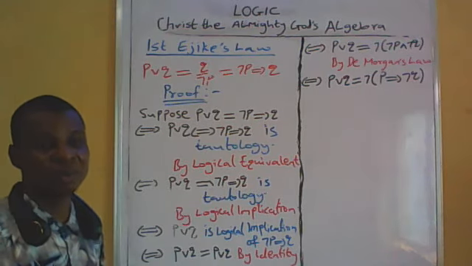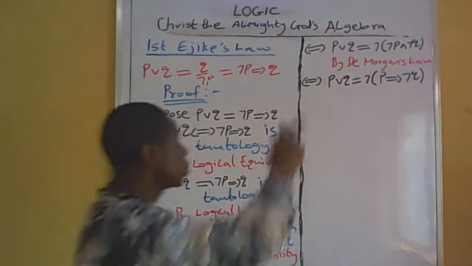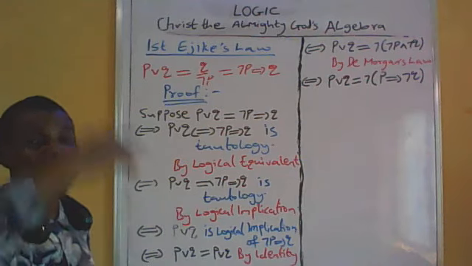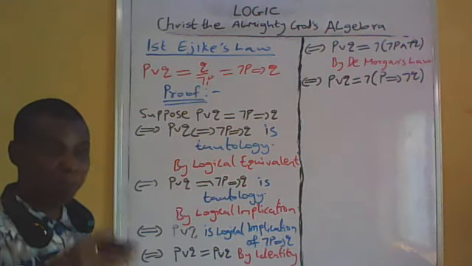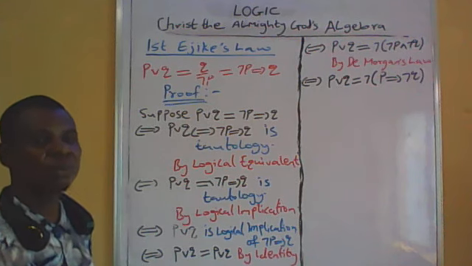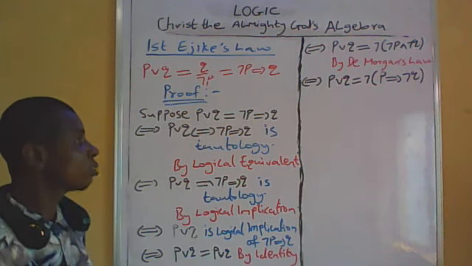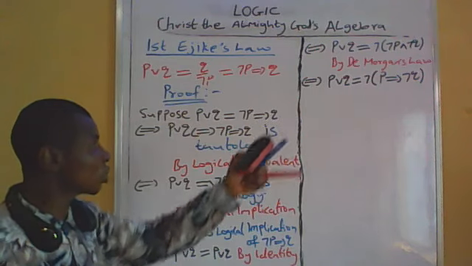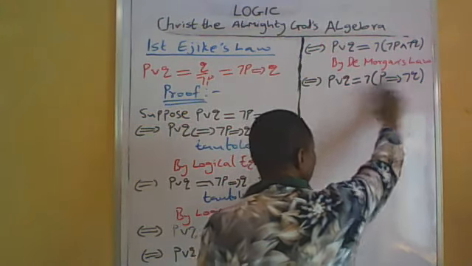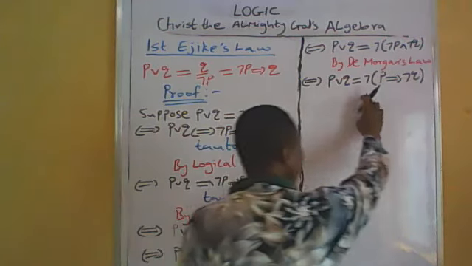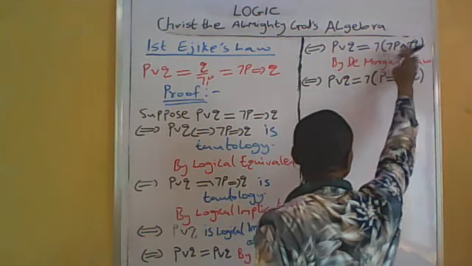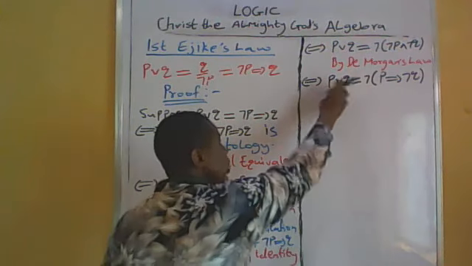It's not grace, because this not bracket, not P and not Q is greater than not bracket P implies not Q. Because this is equivalent to P and the Q. Why is this not bracket, not P and not Q equivalent to P or Q?